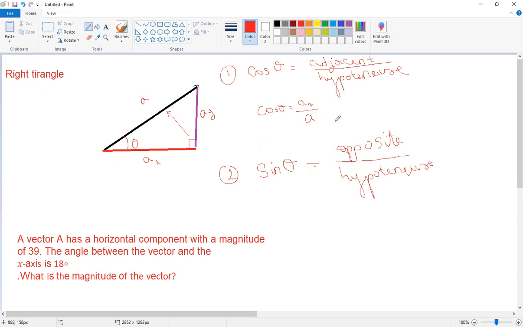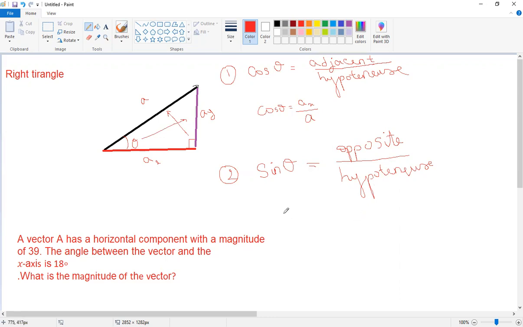Now, sine theta. Sine theta is the opposite side over the hypotenuse. What do you mean by opposite side? It's the side facing angle theta. Angle theta is here, and the opposite side is this side, which is ay, right?